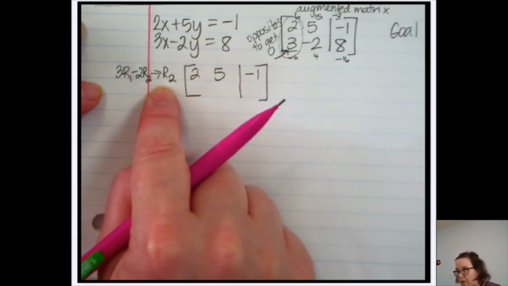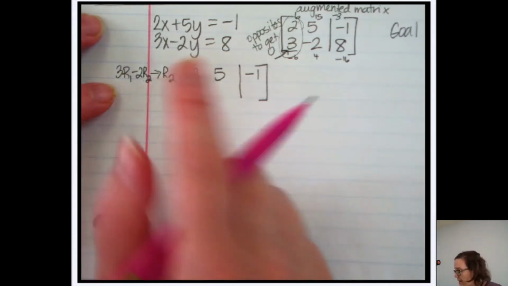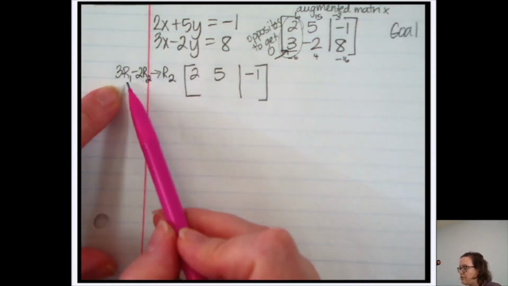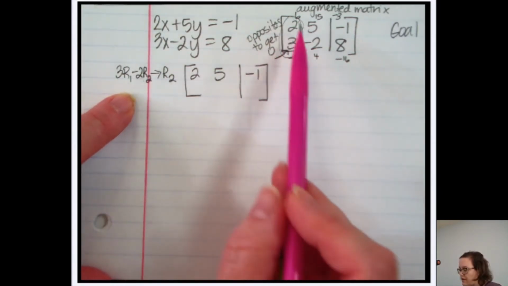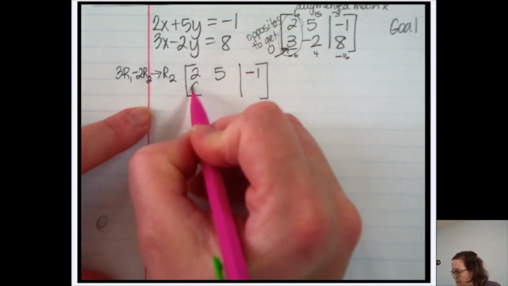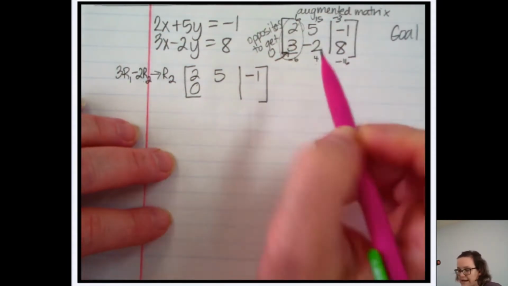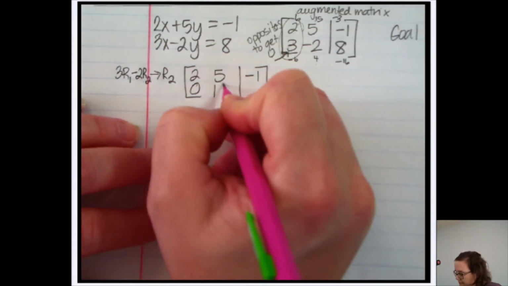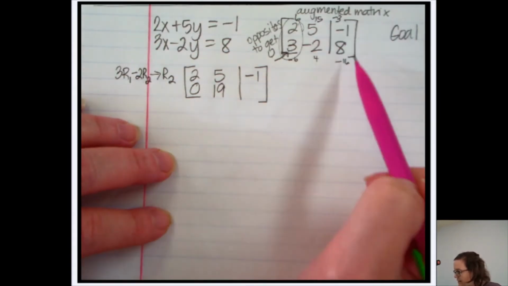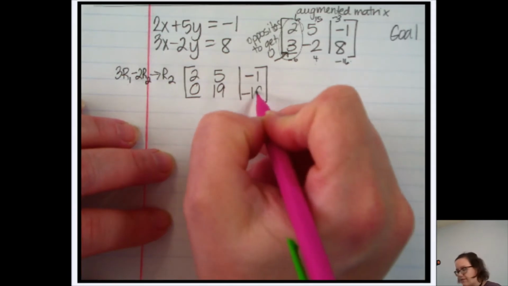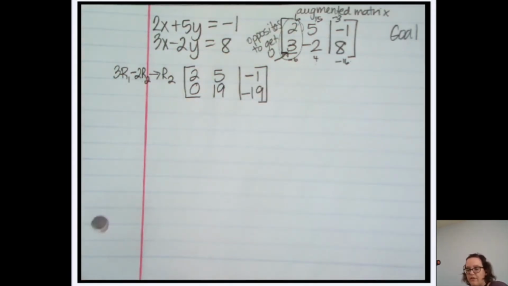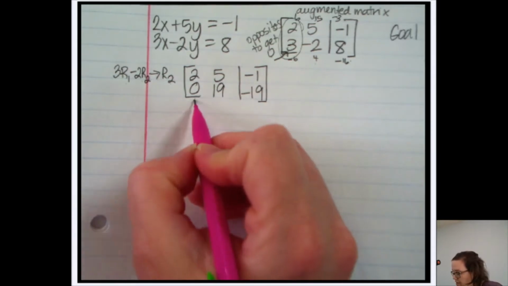We used row 1, but we didn't change it. Now, this says row 2 comes from the multiplication and then the summing. So 6 and a -6 make 0. That's what we were looking for. 15 and 4 make 19. And then we have a -6 and a -16, which makes -19. Okay, so I am on my way, because I have my 0, so that's good.